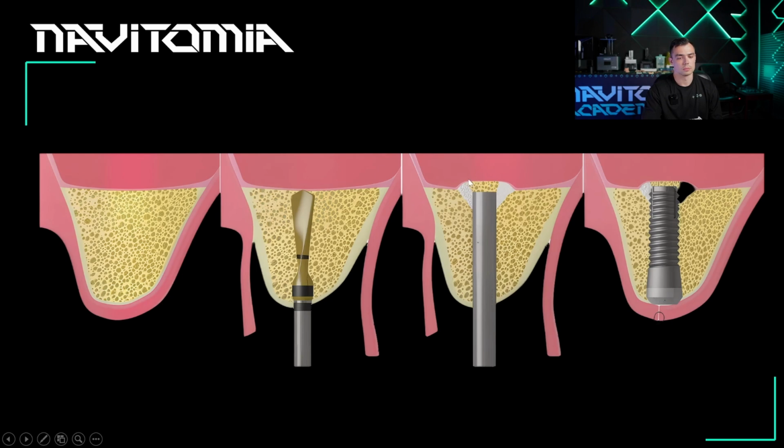I saw the word roof, maybe it's called something else, but you just have to realize that it's a small piece of bone connected with the Schneiderian membrane. By lifting this small piece of bone, we lift the membrane about 1 to 2 millimeters, and we successfully insert the implant here.